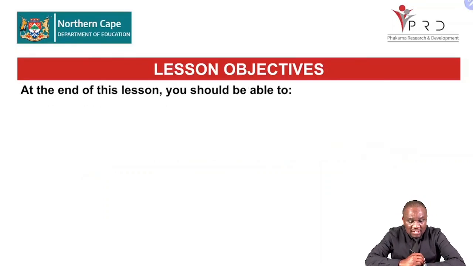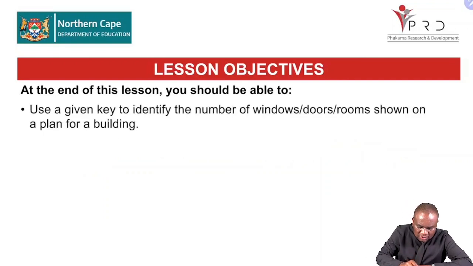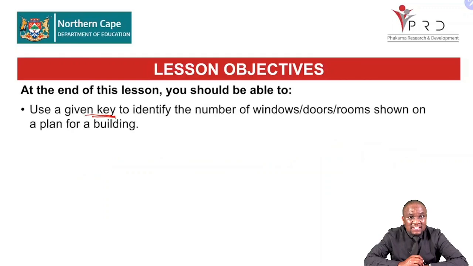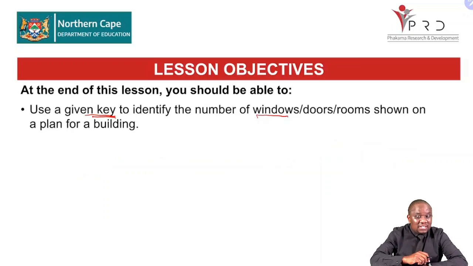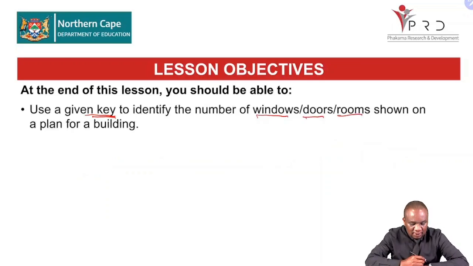Okay, and then you should be able to use a given key to identify the number of windows. You should be able to see which one is a window using the key. The doors, rooms shown on the plan of a building. Right? Do you know how to identify a room? Do you know how to identify a window?